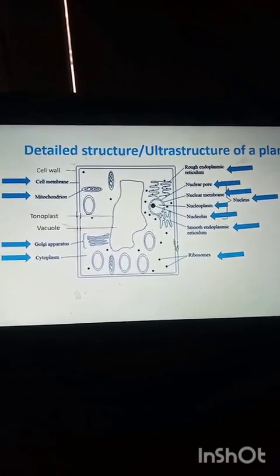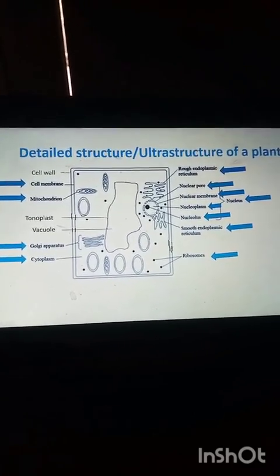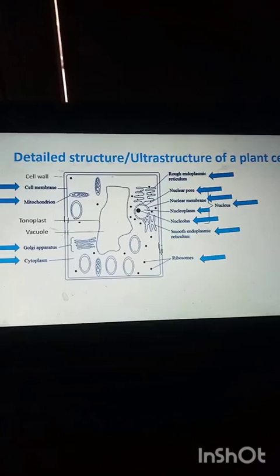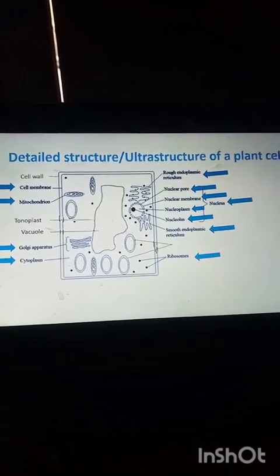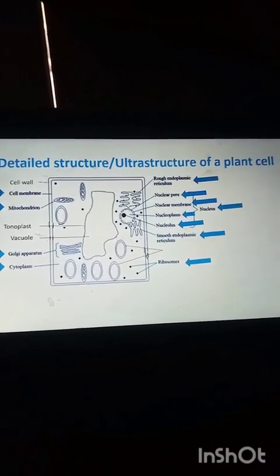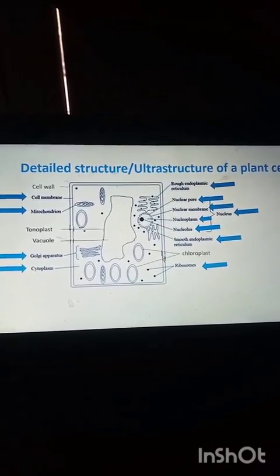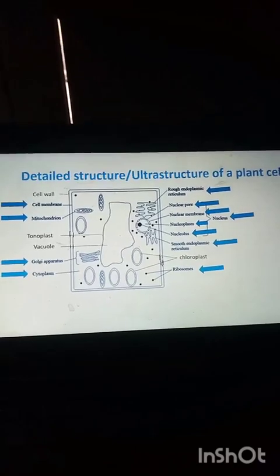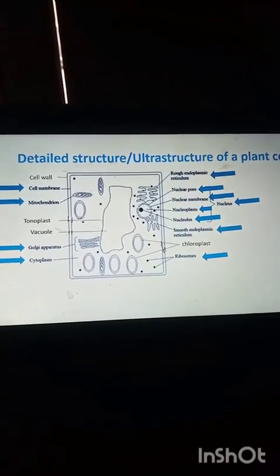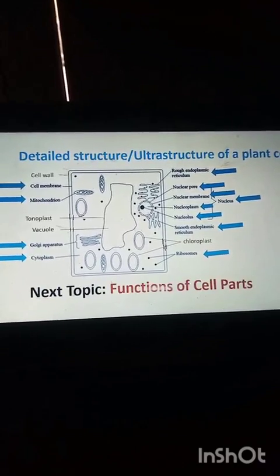The tonoplast. And then we have the chloroplast. The chloroplast. Okay, so those are the differences that exist.